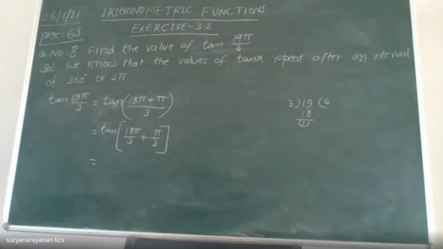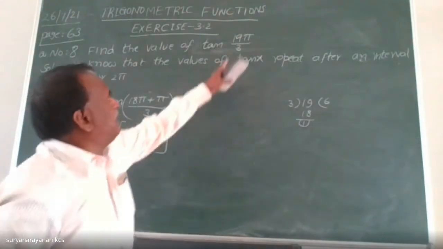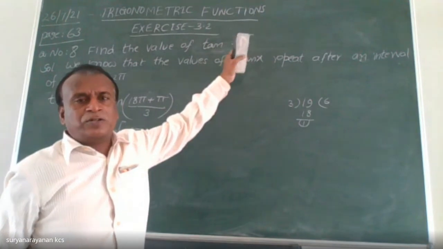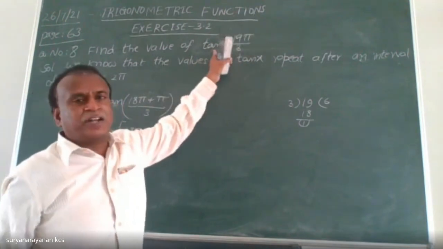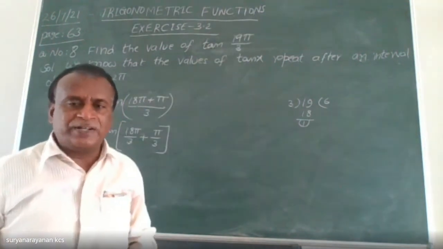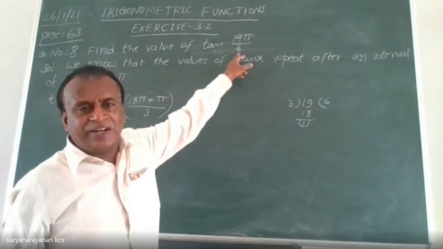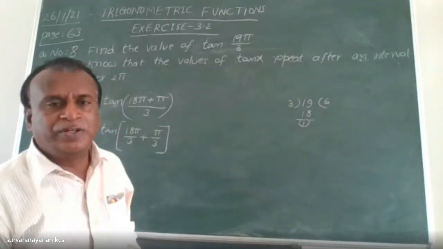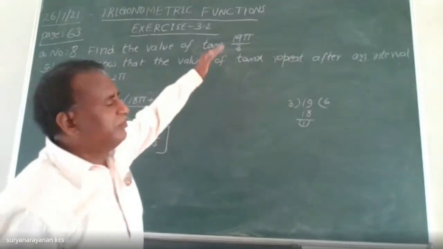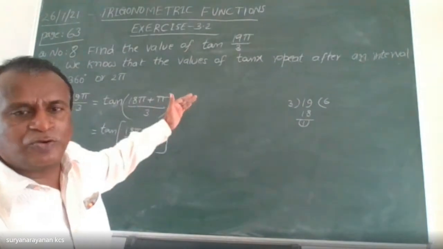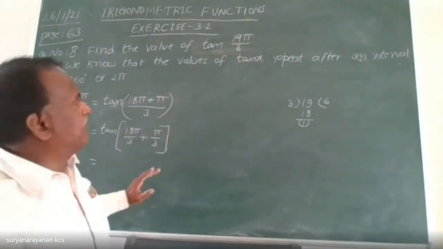Yes, see here. The given angle is in radian measure. If you want to find the value of this trigonometric function, there are two methods. First method is converting this radian measure into degree measure. Then we go the same method as we followed for question number 6 and question number 7.